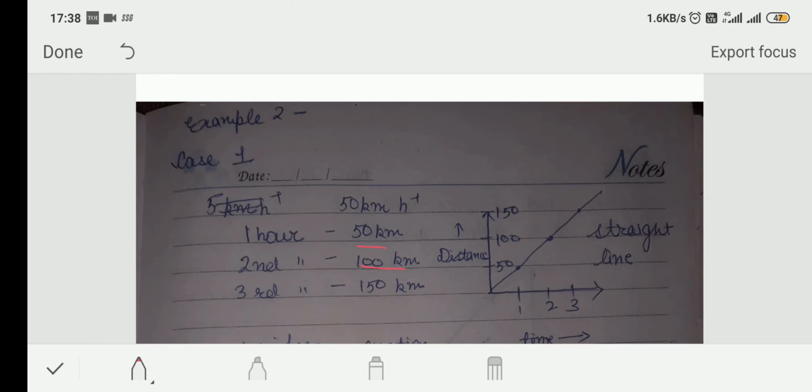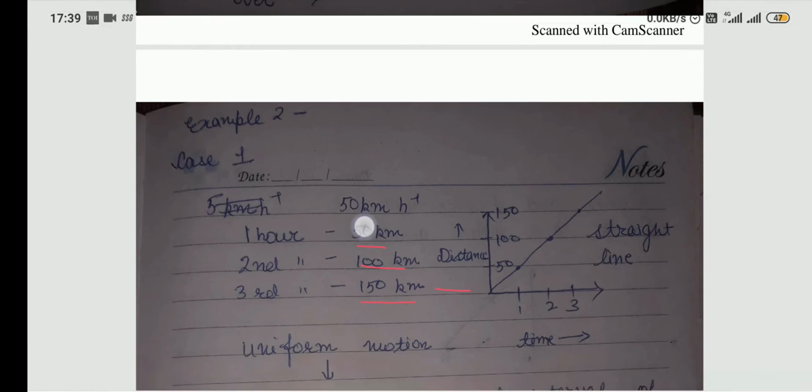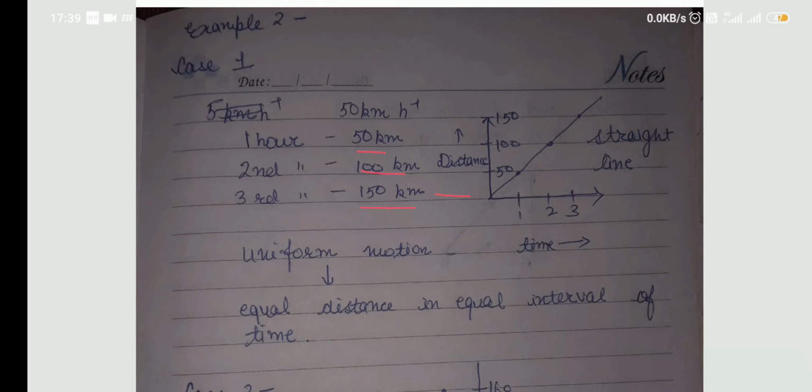In the third hour 150. Again I draw a graph between distance and time. If you draw the graph yourself, you will get a straight line like we got in the previous example. So this type of motion is called uniform motion.